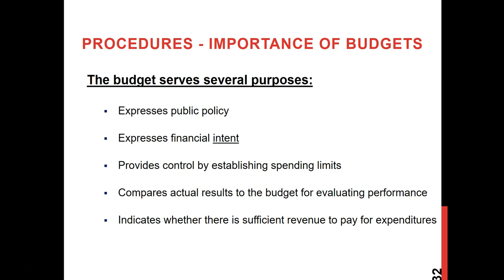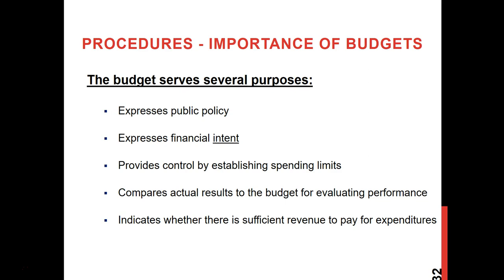That will also help you to measure or evaluate your performance. So overall, the budget plays an important role, and it indicates whether the government has a sufficient amount of revenues or funds to cover all of its expenditures.